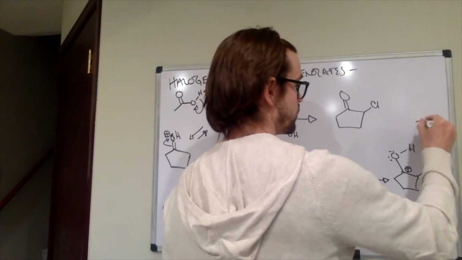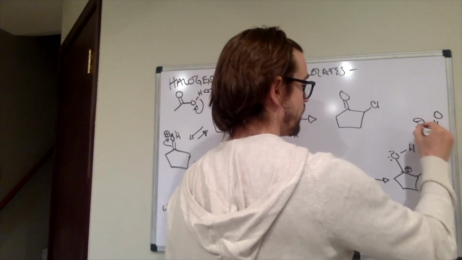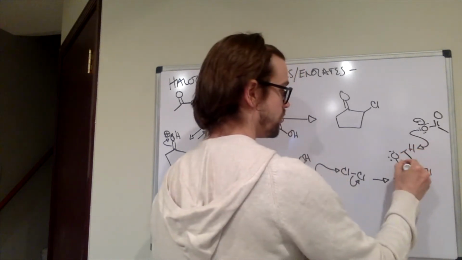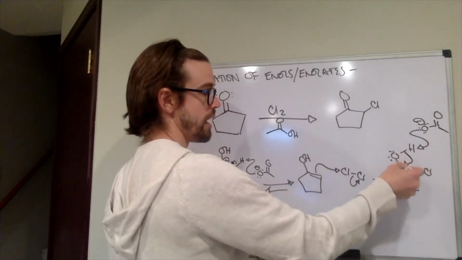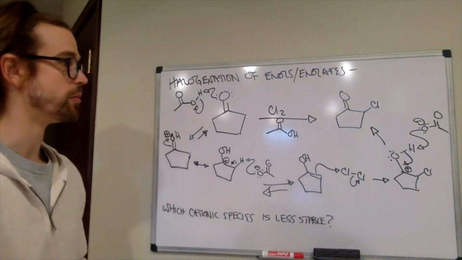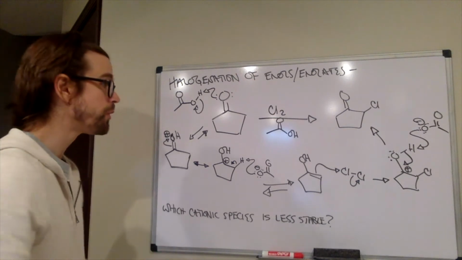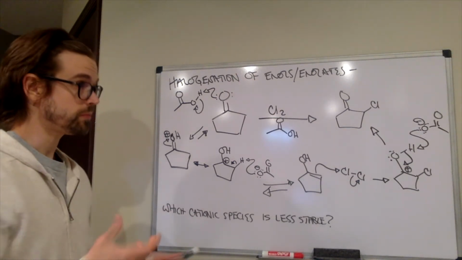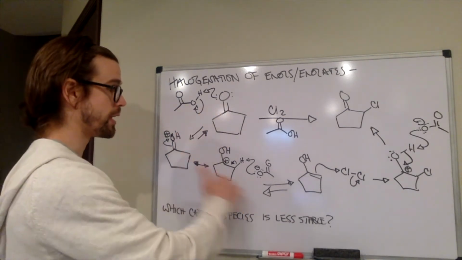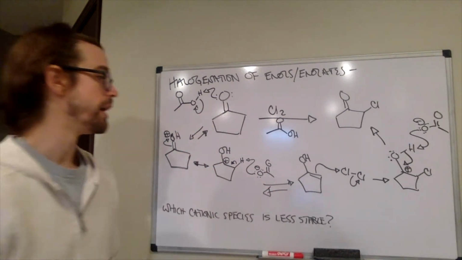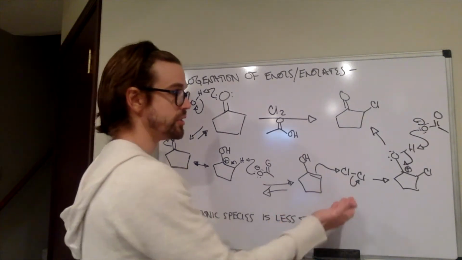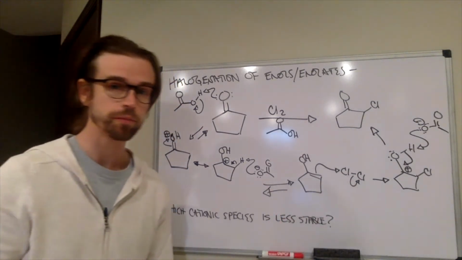So again, we'll just show it as the acetate anion. That would grab that. Those electrons would go to the oxygen, and that would go down to form that double bond to provide the product. So that's the mechanism of how we halogenate. We just start going through that keto-enol tautomerization, and this carbon is nucleophilic once it's the enol form, and it's going to add to any electrophiles that are around in solution.